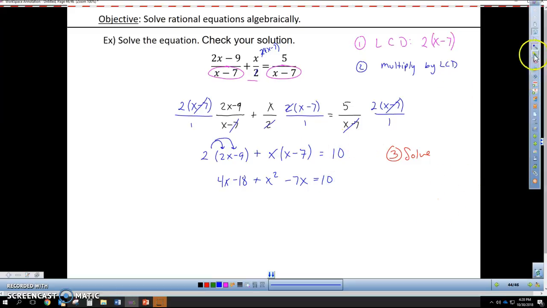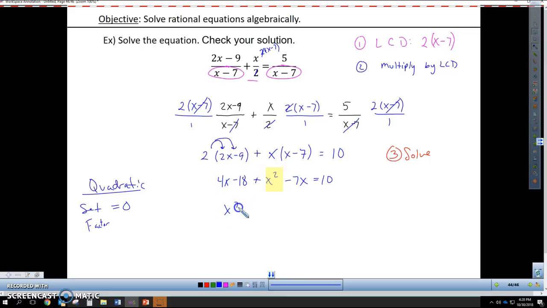Note here I have an x squared term. That means that this is quadratic. So again, you're going to have to set one side equal to 0, and then you'll have to factor to solve. I have my x squared positive here, so I'm going to keep it positive.